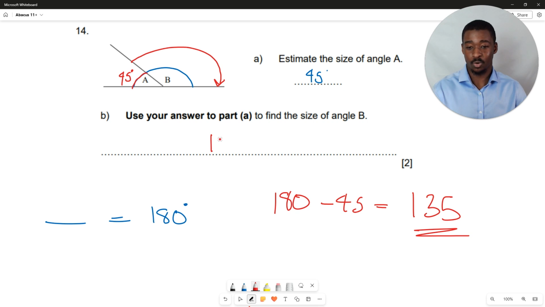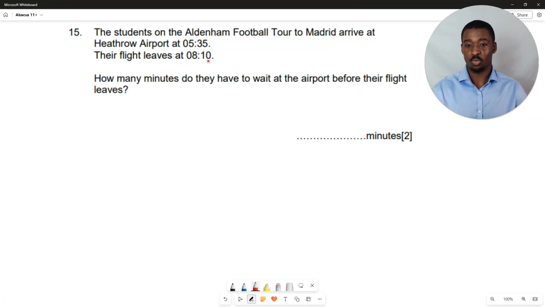So the size of angle B, based on angle A being 45 degrees, will be 135 degrees.